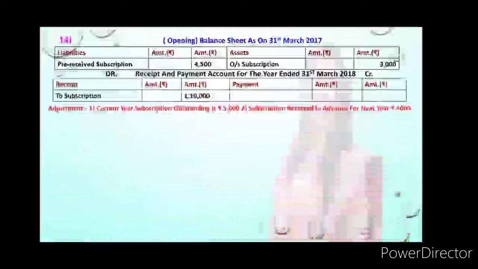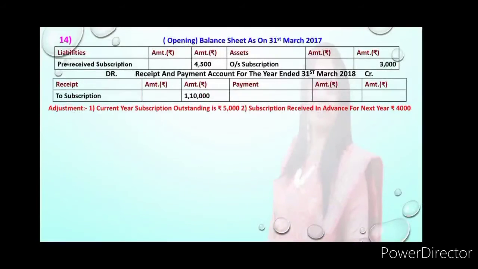Here you can see opening balance sheet is given. In opening balance sheet liability side, it is given pre-received subscription 4,500, and on asset side it is given outstanding subscription rupees 3,000. So this is the opening balance sheet, and receipt and payment account is also given. On a receipt side it is recorded to subscription 1,10,000. Now let's see first adjustment.